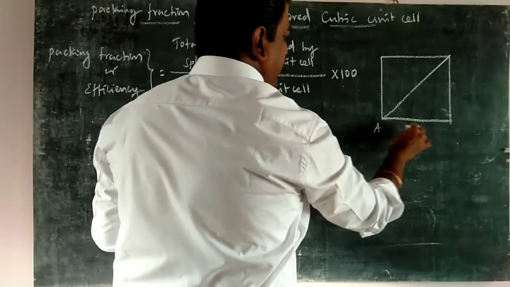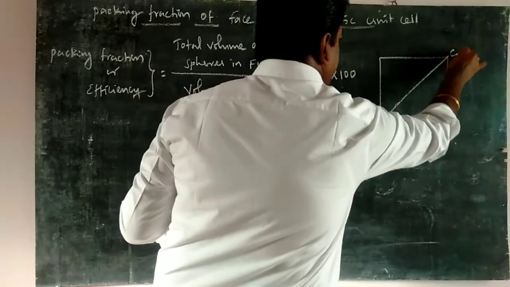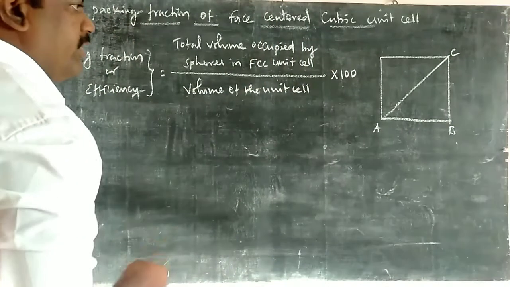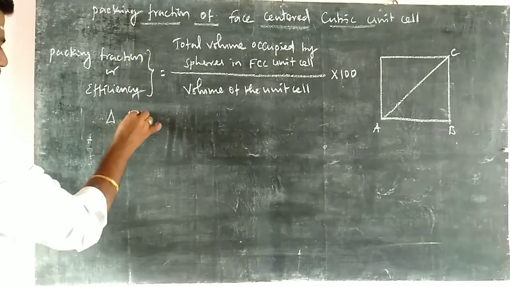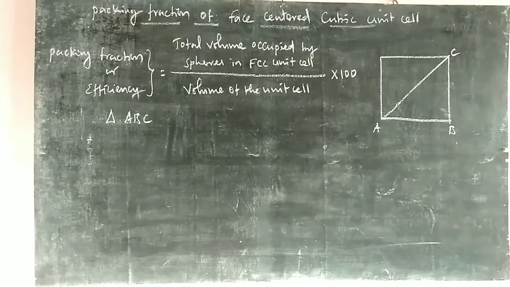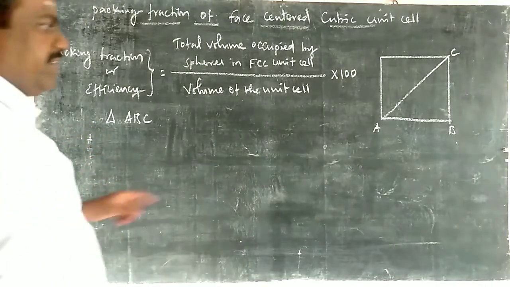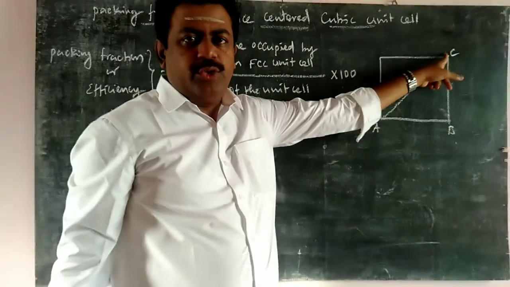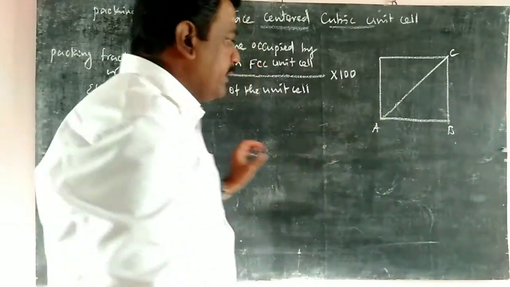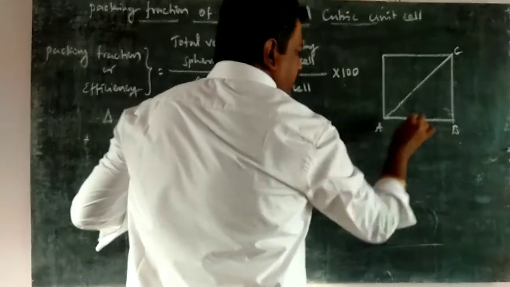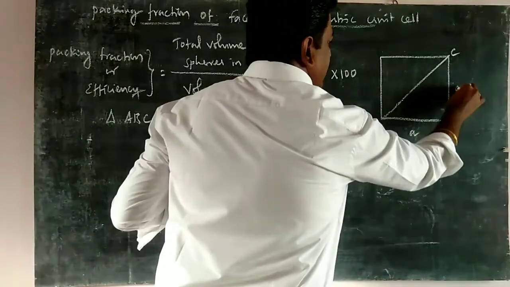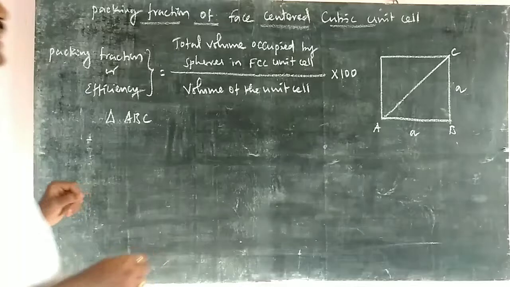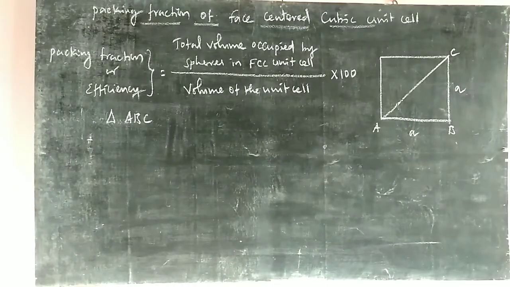This point is A, this is B, this is C. Here, in triangle ABC, we can calculate AC square. Here AB is small a because this is the edge length of the cube. BC is also a, that is also the edge length.